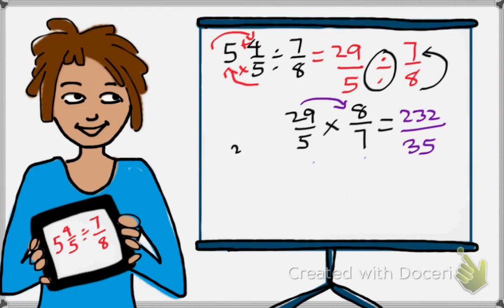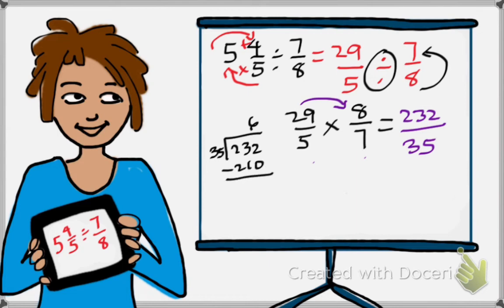So dividing 232 by 35. So that is 6. 35 times 6 equals 210.